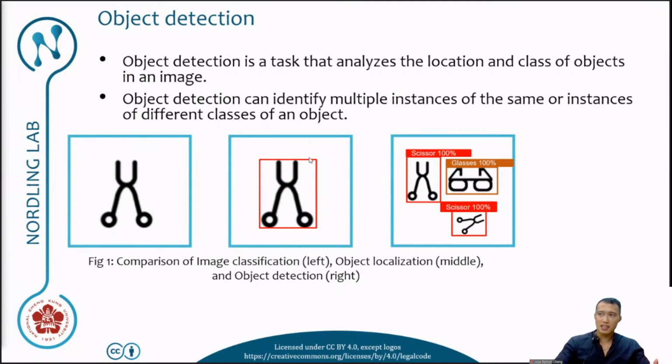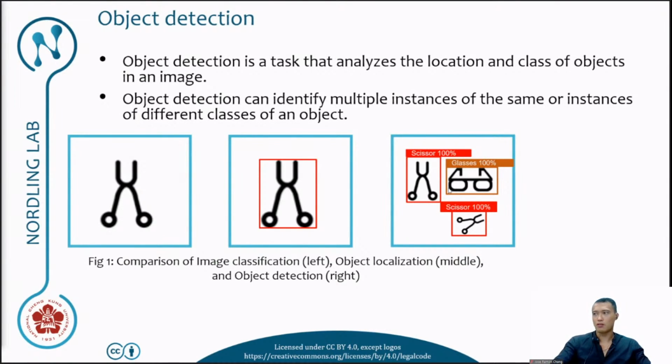And object detection basically refers to combining object localization with classification. But in addition to that, it will tell you where a scissor is in an image, and then it will tell you what probability it is that it's a scissor. In addition, it should be able to detect objects of different classes as well, right?